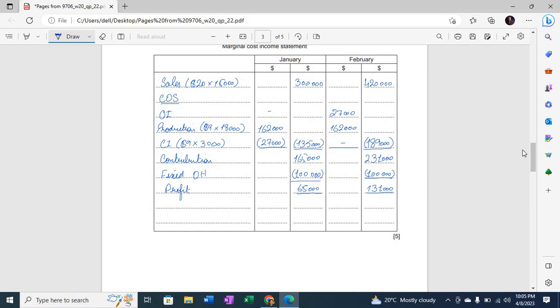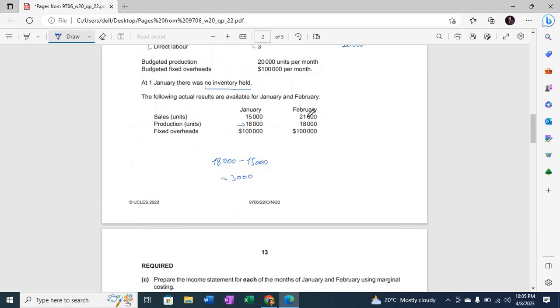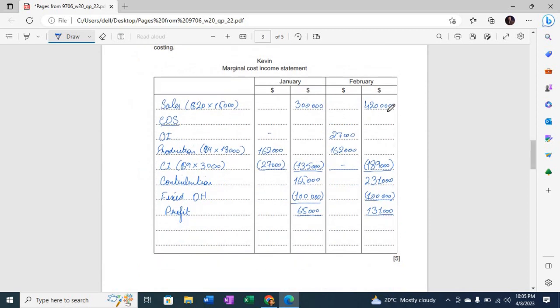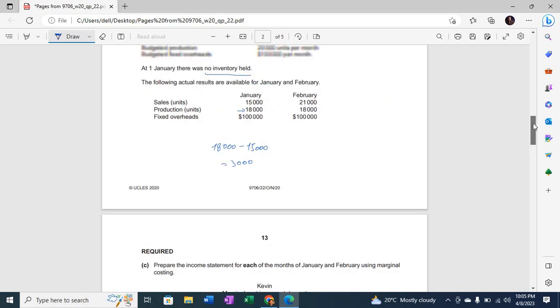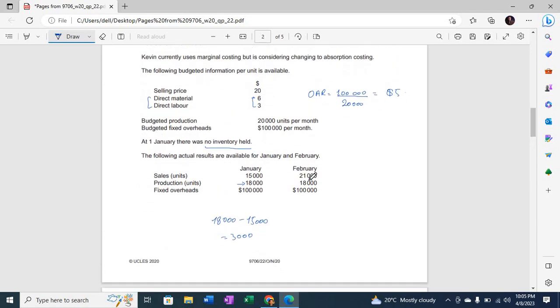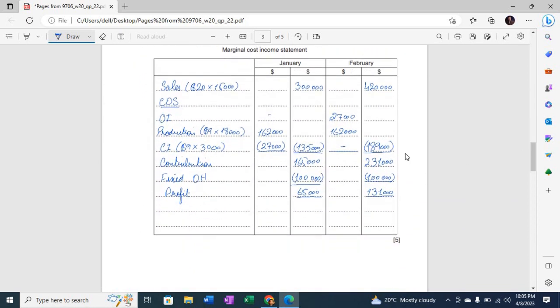Now for February, the selling price per unit is still 20, but the number of units sold in February are 21,000. So 20 into 21,000, your sales value will be $420,000. In cost of sales, the closing inventory of January becomes the opening inventory of February, 27,000. Production cost is 9 into 18,000 again, so the total production cost is $162,000.